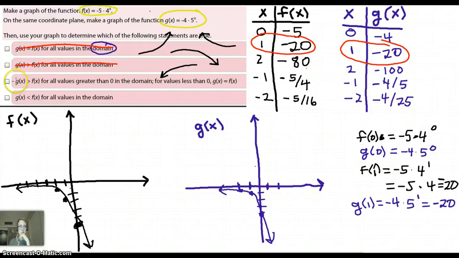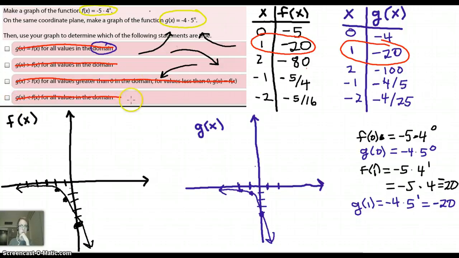So that's not correct either. Which leaves us, hopefully, this final answer is right. It says g of x is less than f of x for all values in the domain. Well, is that true? That's not true either.